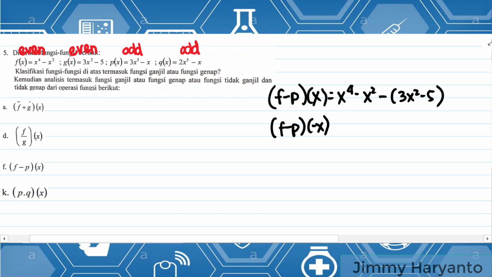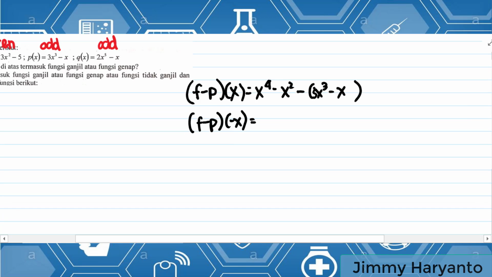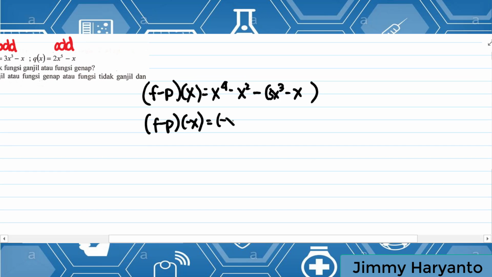First is negative x. Wait, this is not p. p is 3x cubed minus x. Sorry. Okay, first you have to substitute the negative x. It will be negative x to the power of 4 minus negative x to the power of 2 minus in the bracket 3 times negative x cubed minus negative x.